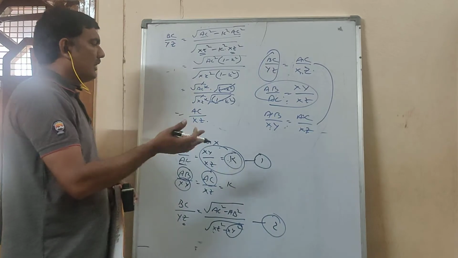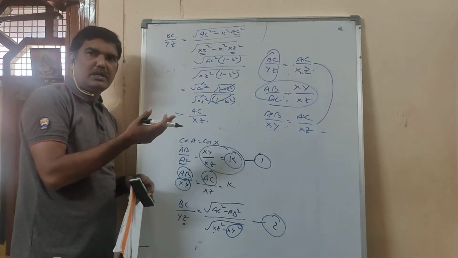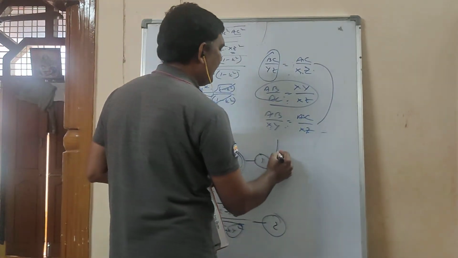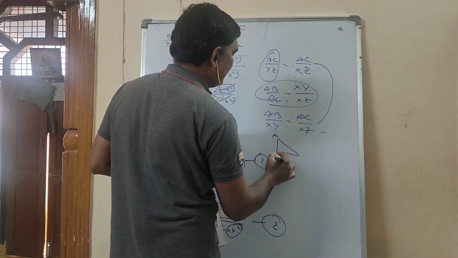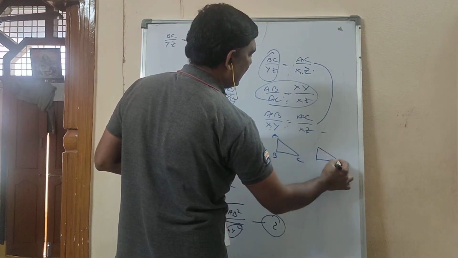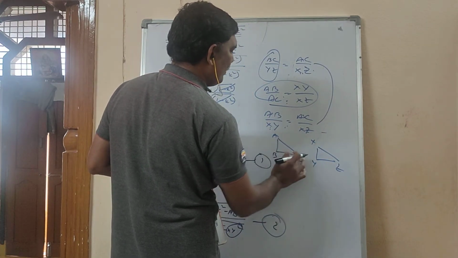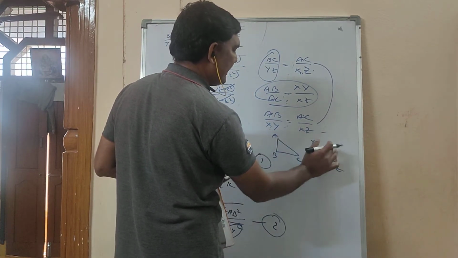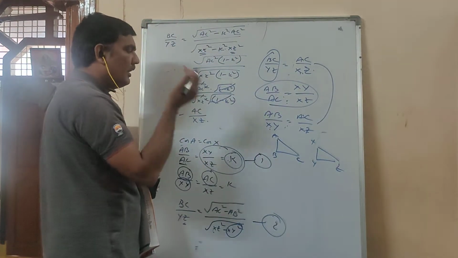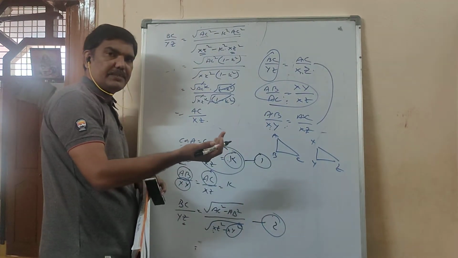Means corresponding sides ratio is what? Same. If you compare two triangles, one is ABC, the other is XYZ. AB by xy is equal to BC by YZ is equal to AC by xz. You proved all the three sides ratio is same.